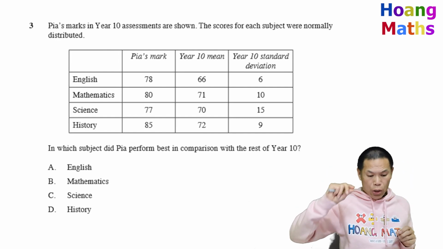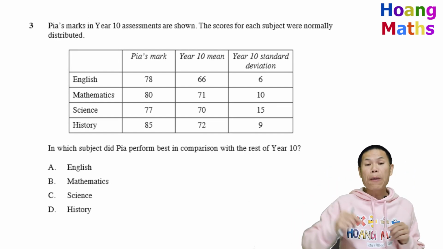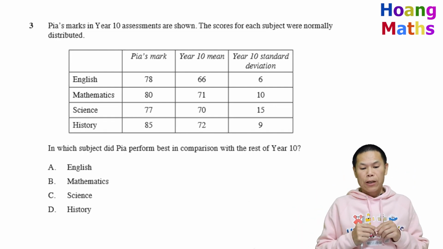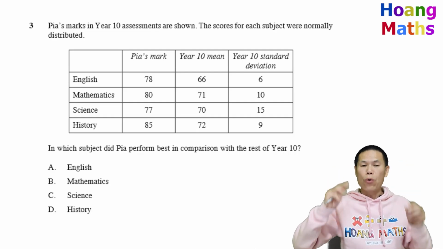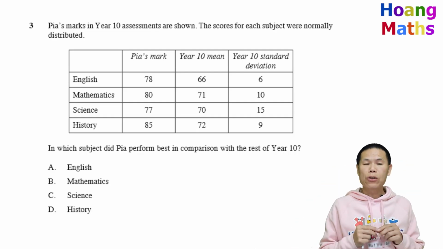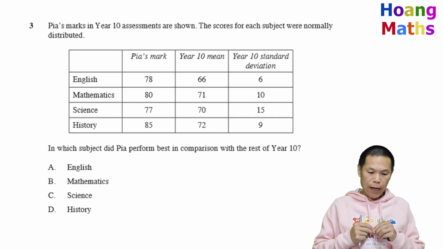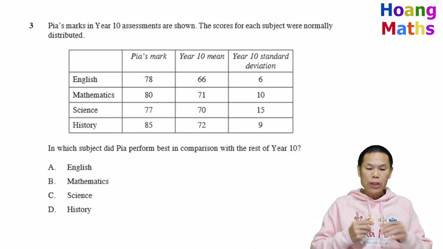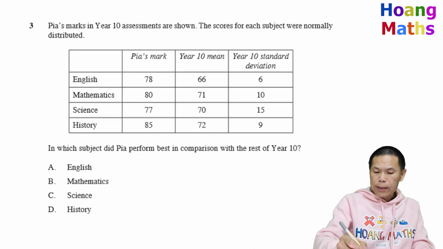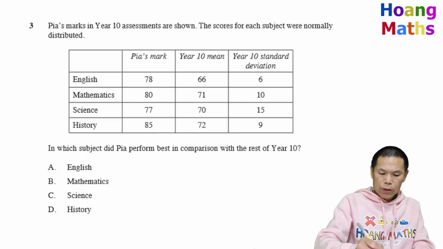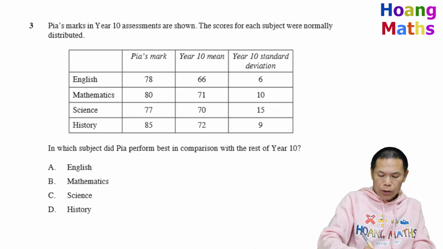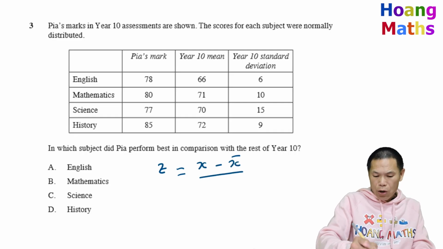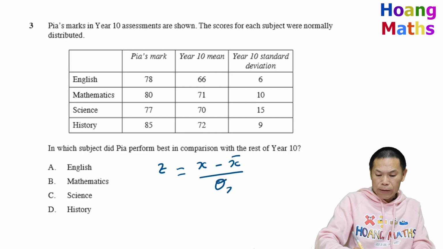Question number 3. To work out which subject Pia did best, we need to work out the Z-score. The greater the Z-score, the better it is. So for English, let me write underneath here: Z is equal to X minus the mean, which is X bar, over the standard deviation.